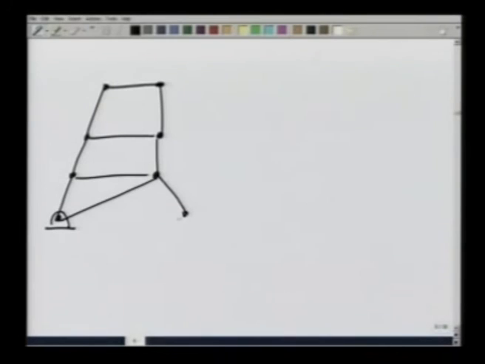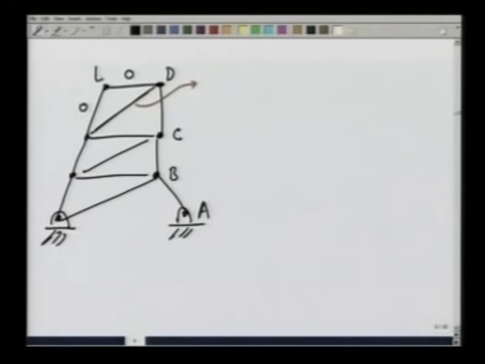This is the truss. We found this force to be 0, this force to be 0. We found this force, let me put it in red. Let me just write this first, A, B, C, D, E, F, G, H. So, we found this force F_FD to be 23 newtons.